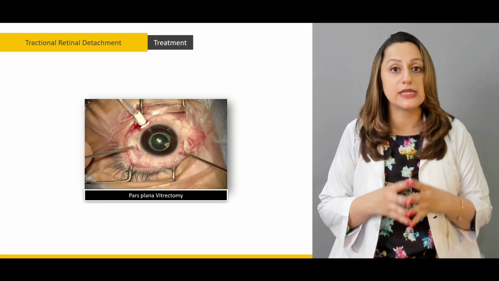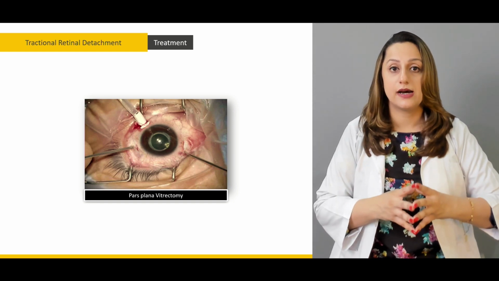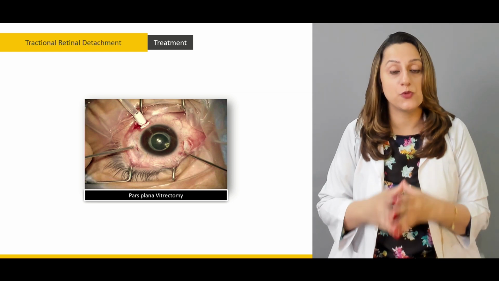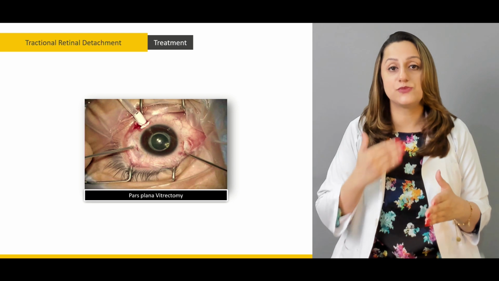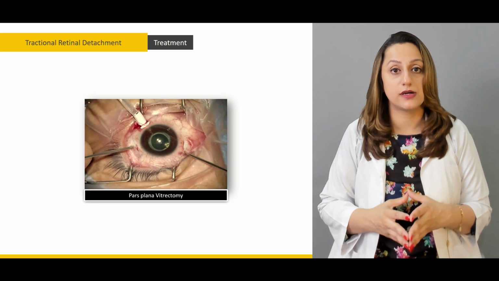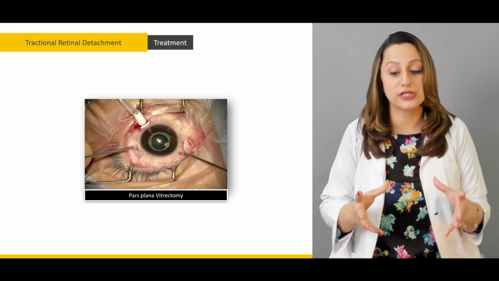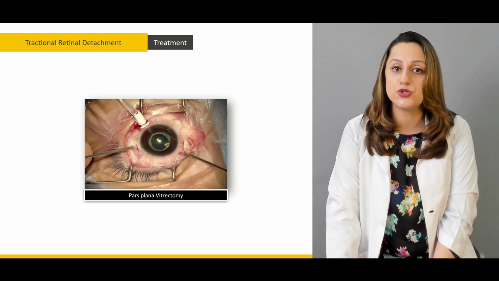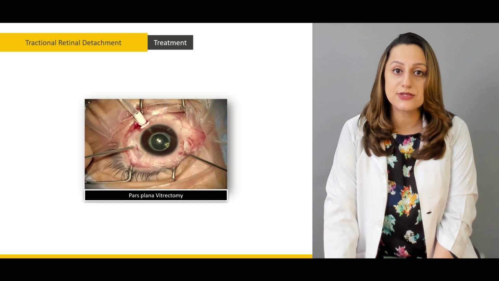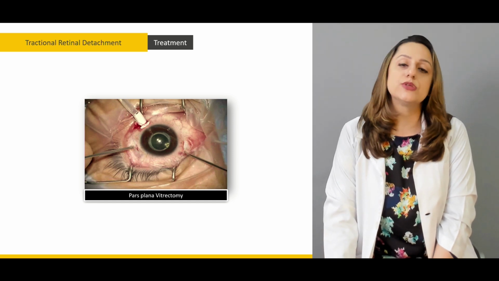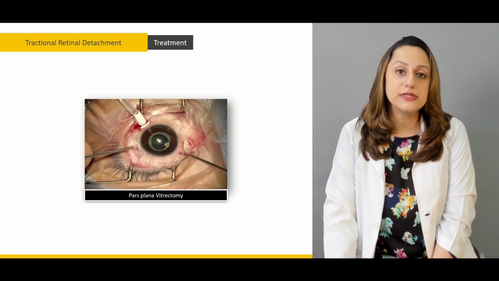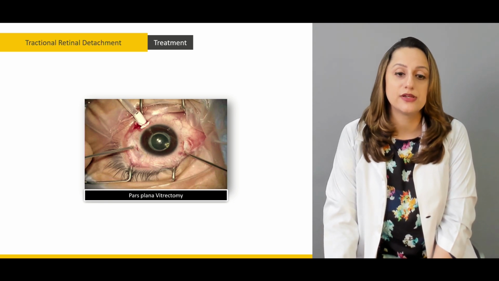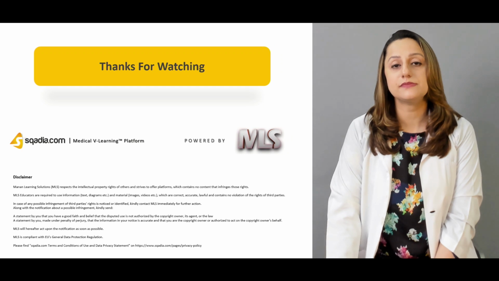Whatever the complication is, we're going to treat that complication. Whatever the underlying cause is, we are going to address that underlying or etiological factor that we're going to see in these patients. So the treatment is usually not isolated in these patients, it is usually a coupled method that is used for these patients of tractional retinal detachment.